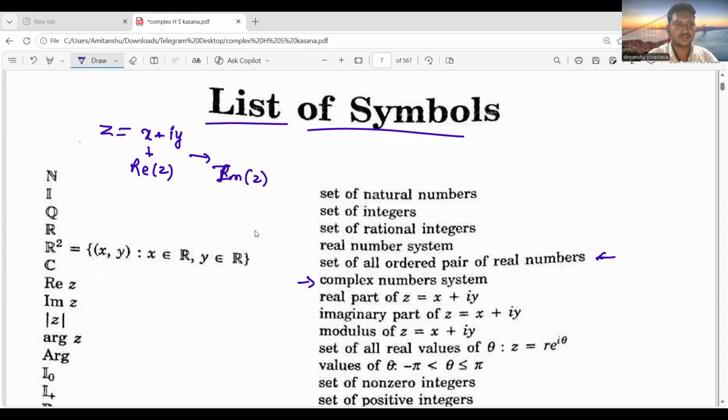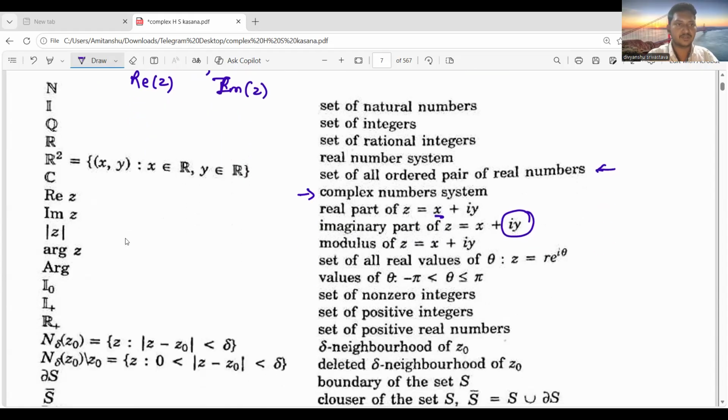The real part is x and the imaginary part is y. Then the next one is the modulus. This is the representation of modulus z, which may be written like this: modulus of x plus iota y.